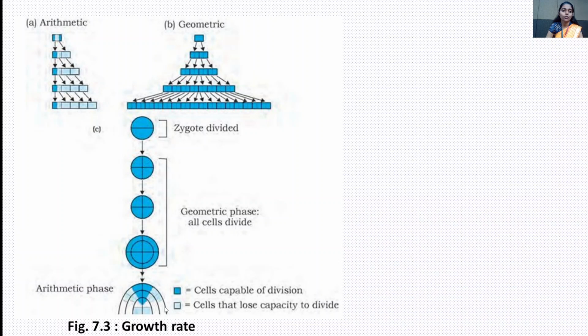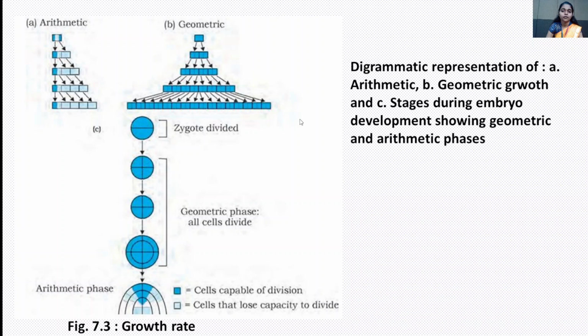The picture shows growth rate. It is a diagrammatic representation of arithmetic and geometric growth, and stages during embryo development, showing geometric and arithmetic phases.